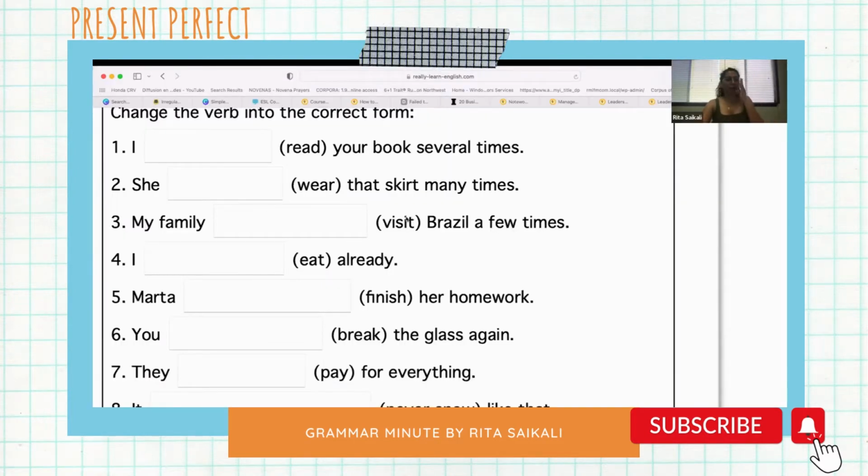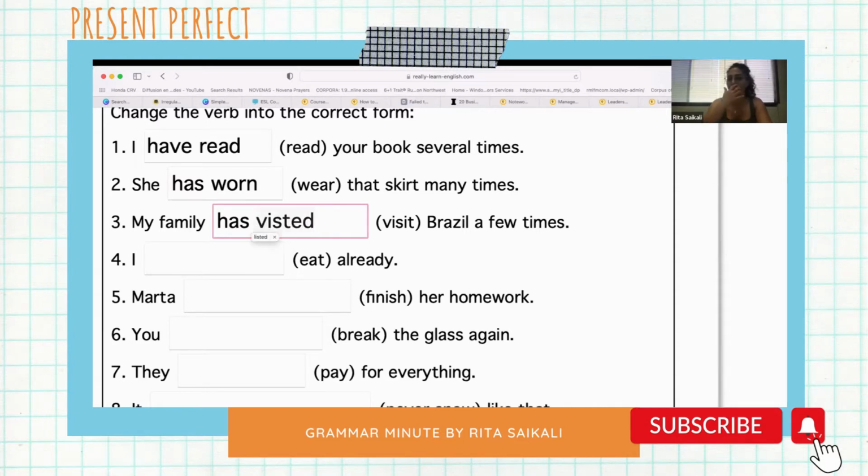All right, my good people. So number 1 is I have read your book several times. She has worn that skirt many times. My family has visited Brazil a few times. I have eaten already.